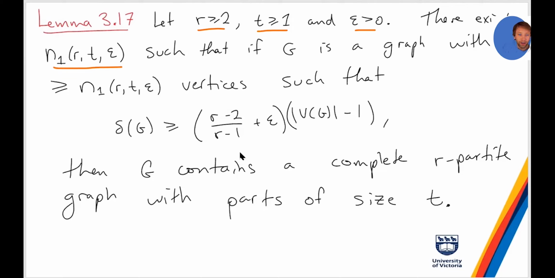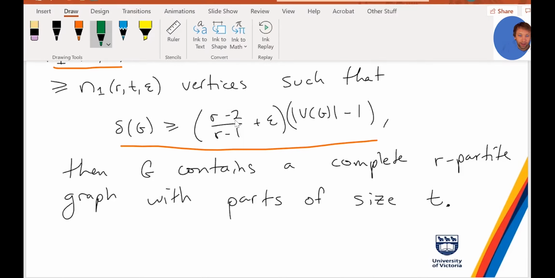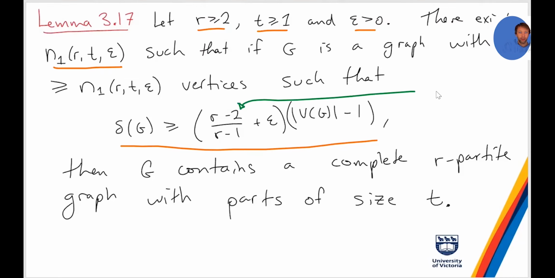So this is a function of R, T and epsilon, such that if G is a graph with at least that many vertices, where the minimum degree in G is at least this much, this (R minus 2) over (R minus 1) is related to the (chi of H minus 2) over (chi of H minus 1) that we saw in the Erdős–Stone theorem.